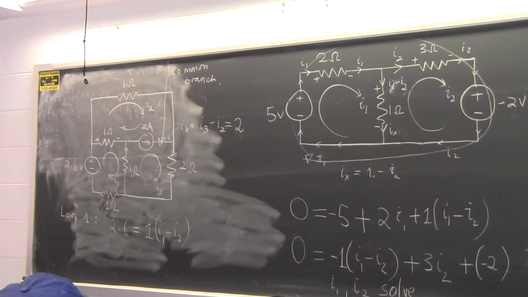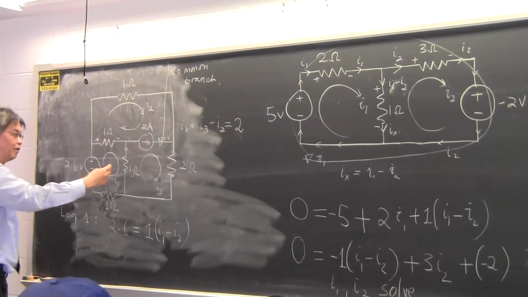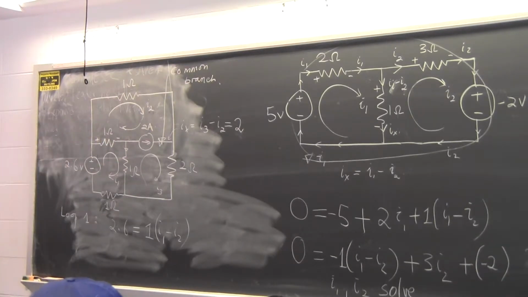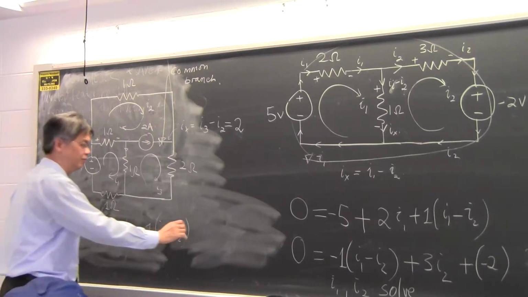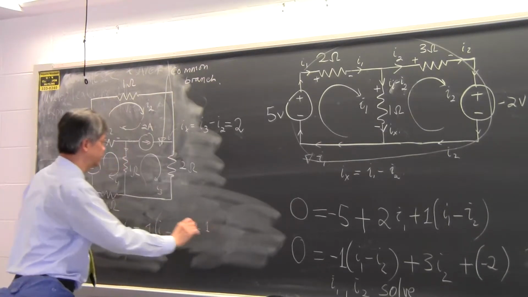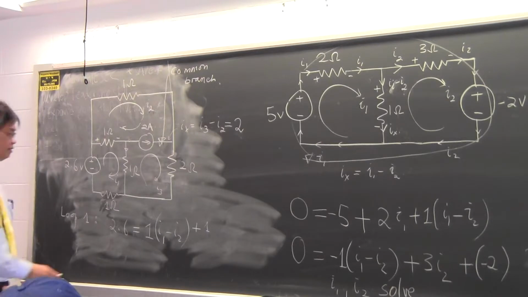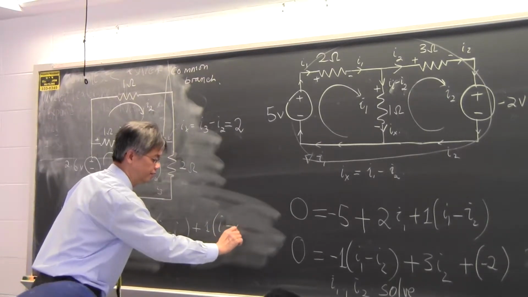Because the current that flows on this branch is actually I1 minus I2. And that is the first voltage drop. But what about the second 1 ohm resistor? The second 1 ohm resistor would have I1 minus I3, right? I1 minus I3.